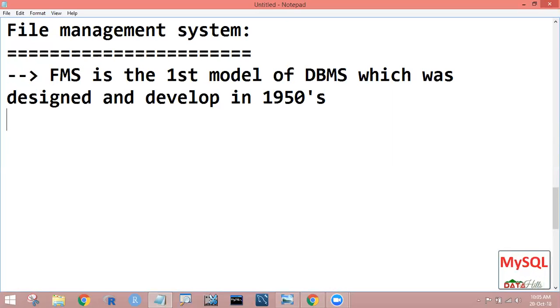What is the meaning? If they developed the first model in the 1950s, it means before the 1950s they were storing the data manually in records.